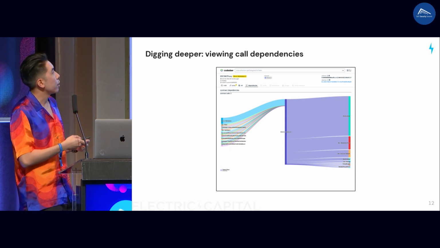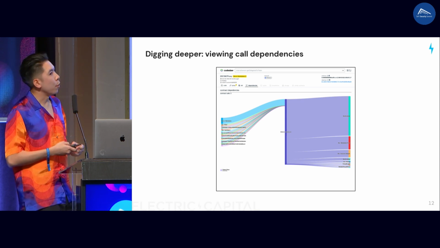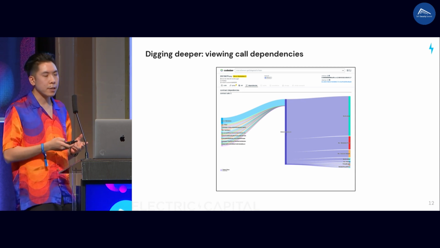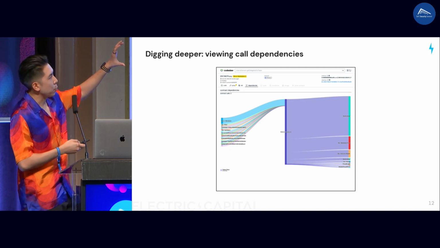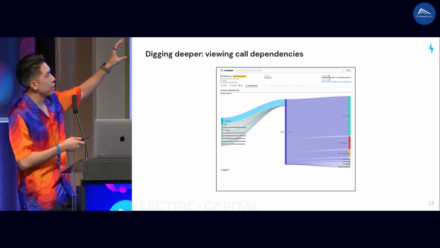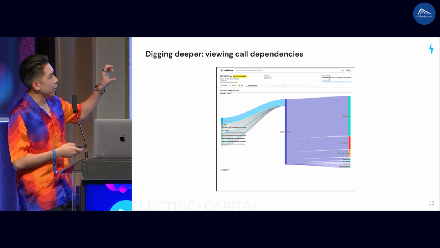So we created this Sankey chart of the call dependencies. It's constructed by summing the gas spent between inbound and outbound calls, and the weight is represented by the thickness.